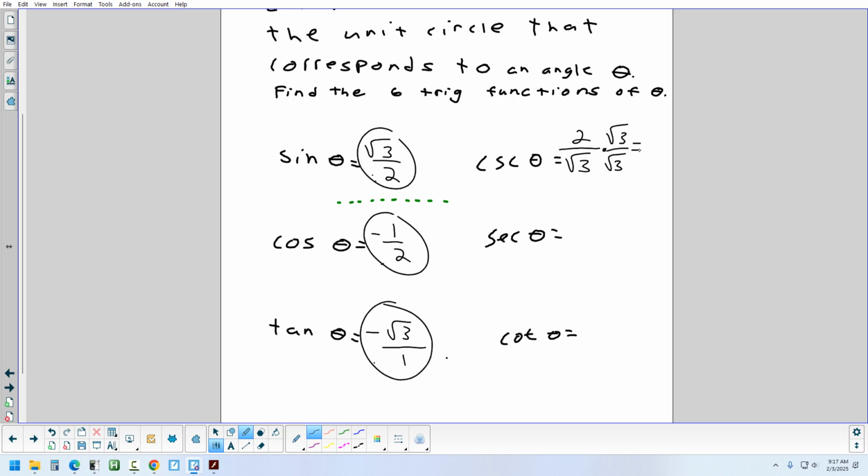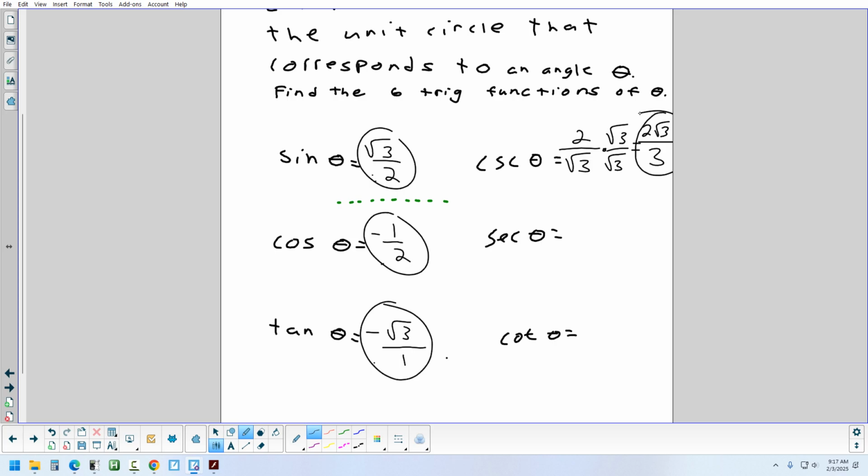What would you get in the top? You get 2 times the square root of 3. And in the bottom, you get the square root of 3 times the square root of 3. That's the square root of 9 when you put them together. So 3. That is how you need to write your final answer. 2 square root 3 over 3.